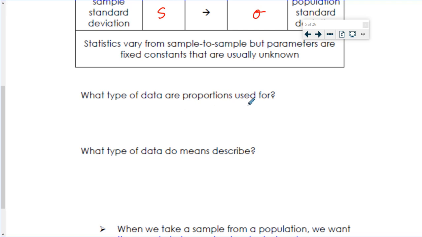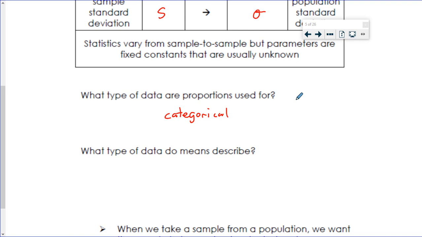Guys, there's two types of data, and I know you need this for sure on your first check for understanding problems. What types of data are proportions used for? Proportions, like for instance, we talked about that 12% of boxer dogs that might be deaf. That is going to be used for categorical data. For instance, it's whether something is something or not.